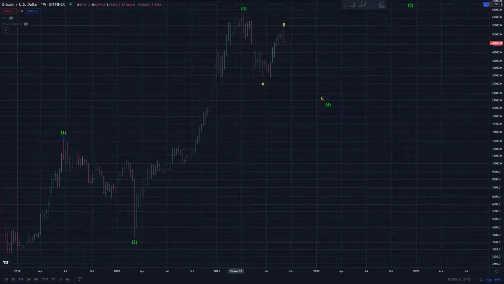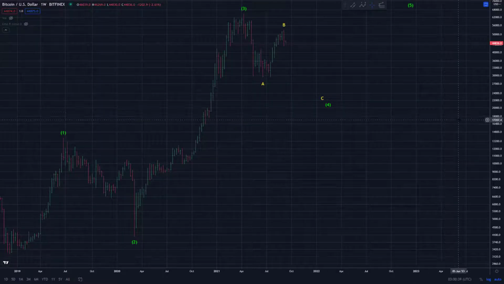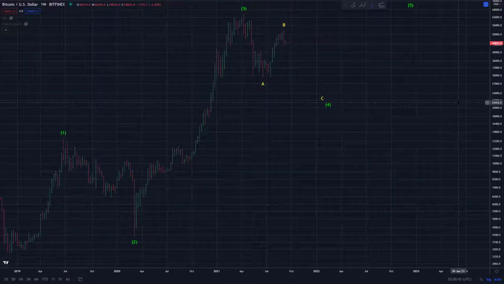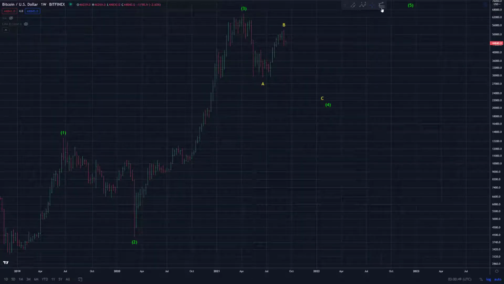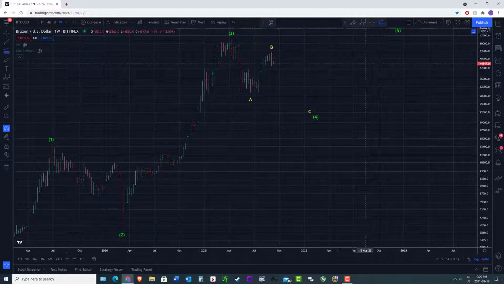Now, some things to look at here in the wave 4. Typically, your wave 2 and wave 4 will consume a proportional amount of time, and often wave 4 consumes more time, if anything, than wave 2. But let's just use that as a bit of a guideline or benchmark.